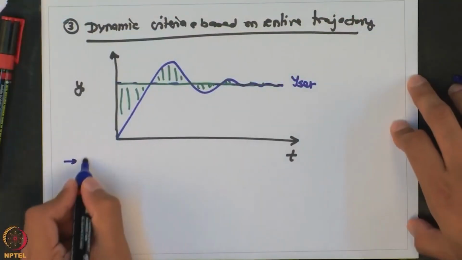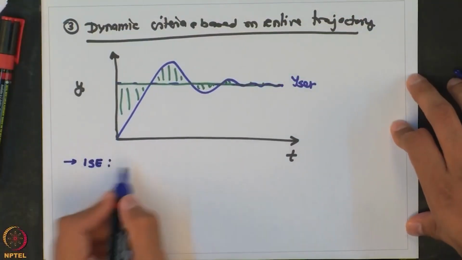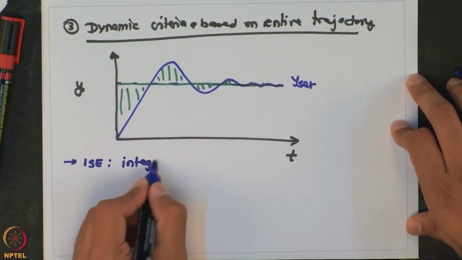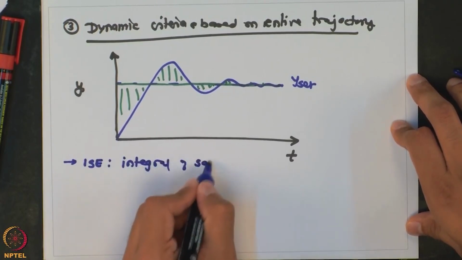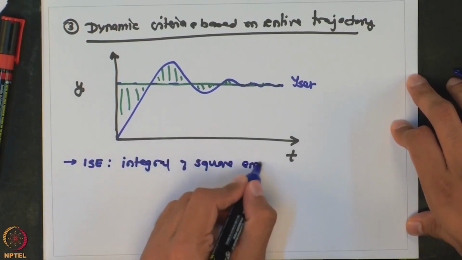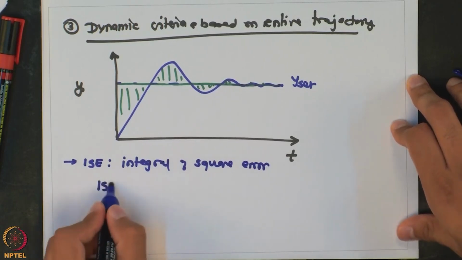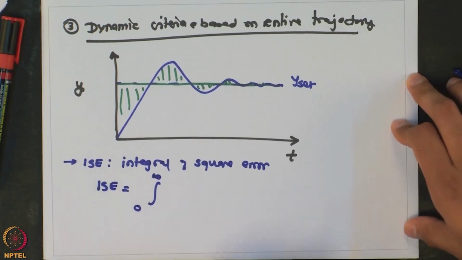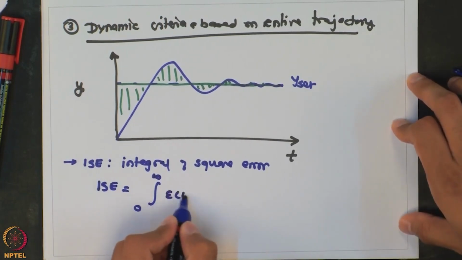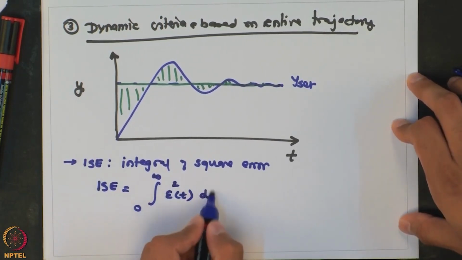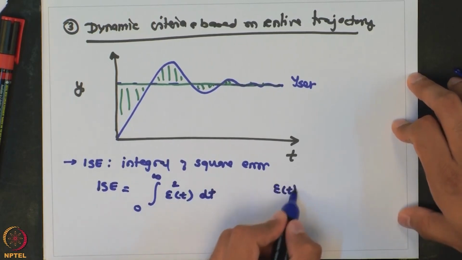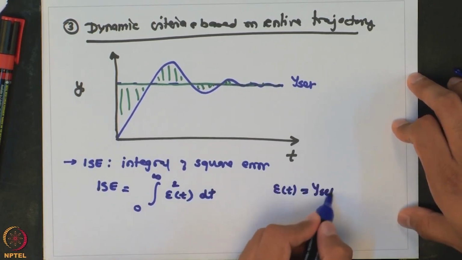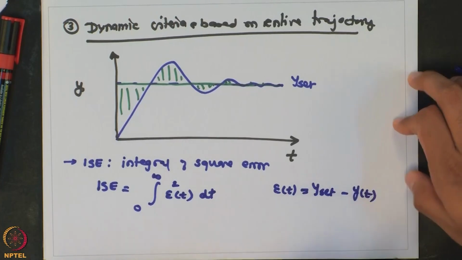One of those is ISE, or integral of square error. ISE you would define as an integral over the entire trajectory of squared errors, where epsilon t will be y set minus y.